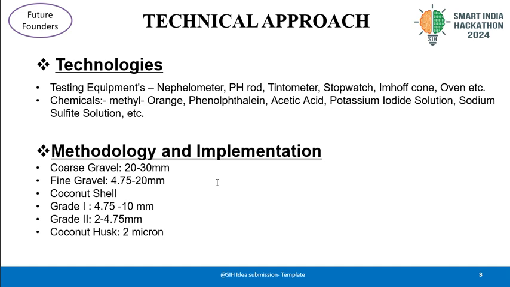After that, we are going to use coconut shell. Firstly, we are going to break the shell, followed by its grading and sieve analysis to obtain two grades. Grade one will range from 4.75 to 10 mm, and grade two from 2 to 4.75 mm. Then we are going to require coconut husk of 2 micron, and for that we'll need to grind the coconut shell.